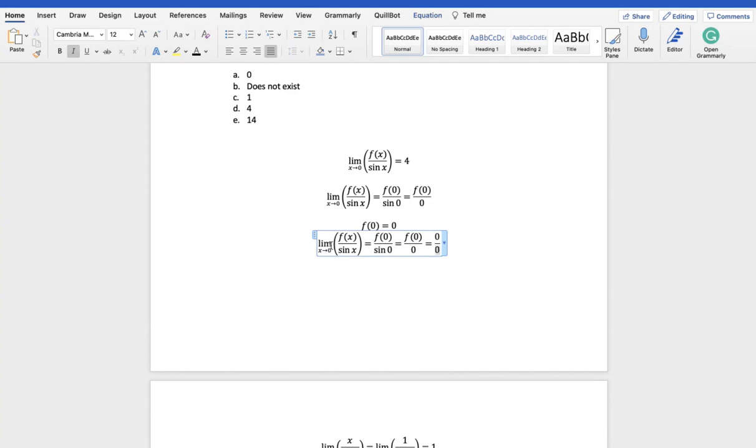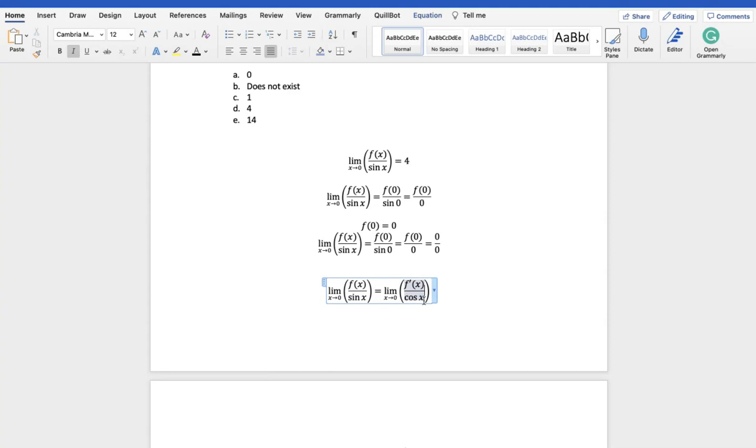So if we follow the same logic and apply L'Hopital's rule to this case, then we have in the numerator the derivative of f of x, divided by the derivative of the denominator, which is just cos of x, right? You follow me until this?